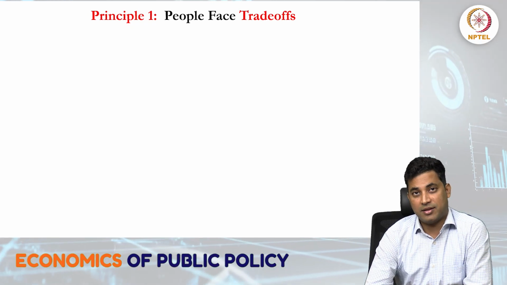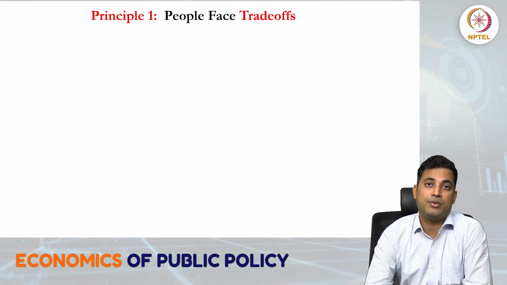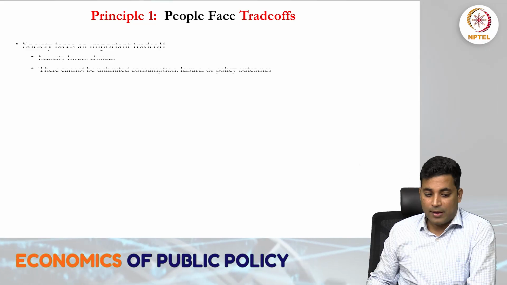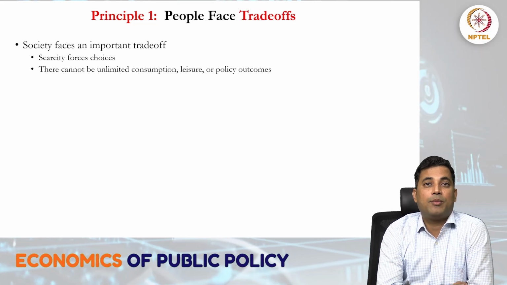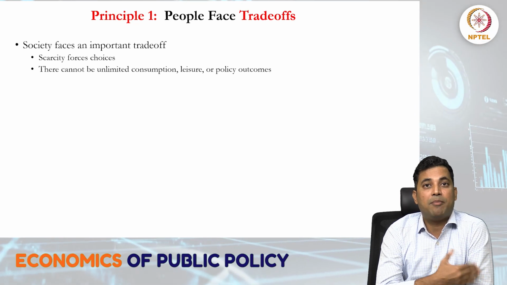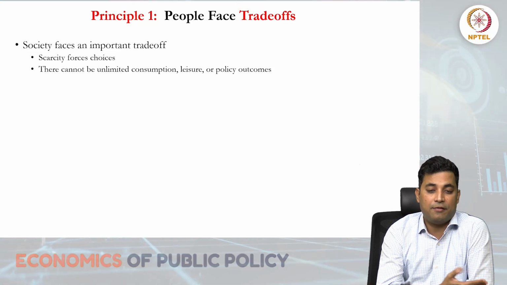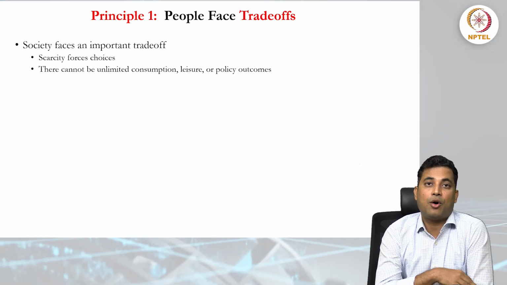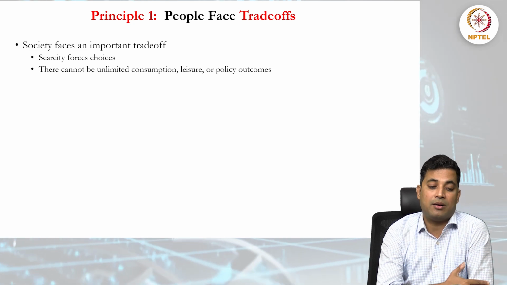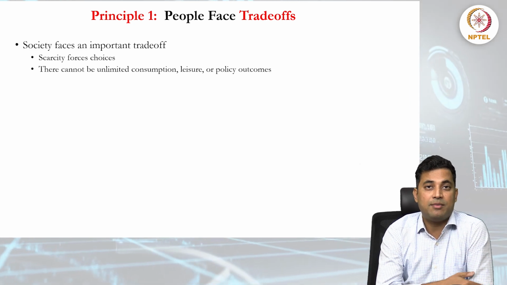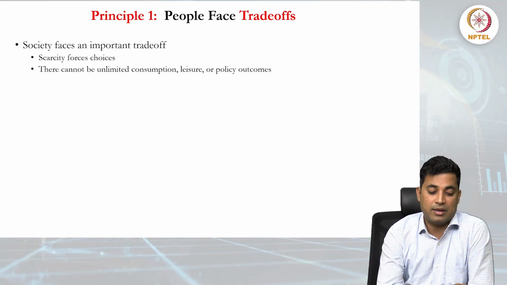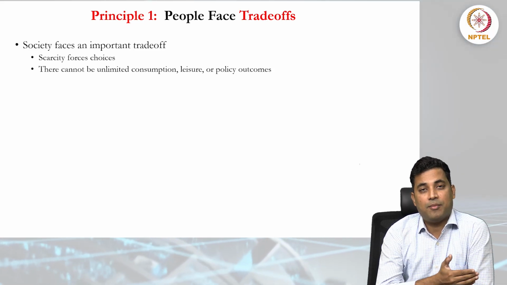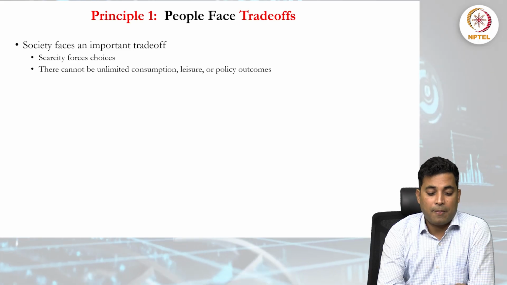You have to make a decision about which one to choose and which one to give more priority between two commodities. So when we say that society and people in the society face trade-offs, it is a trade-off to optimize the best alternative from the set of alternatives, and then choices have to be made.